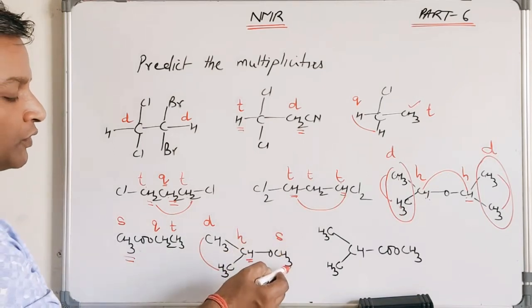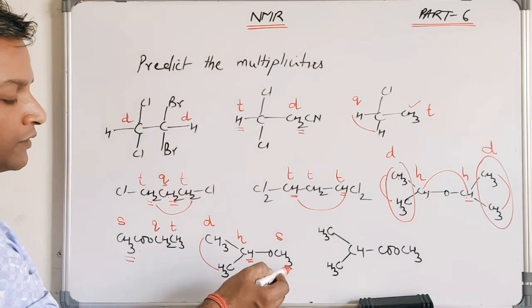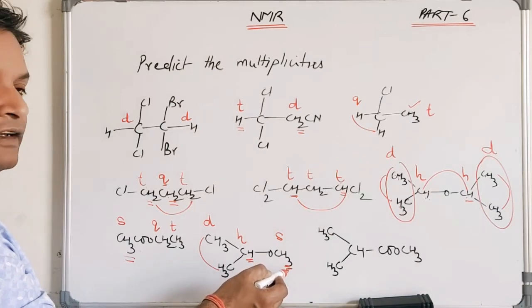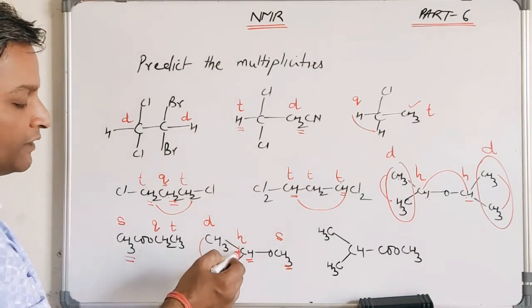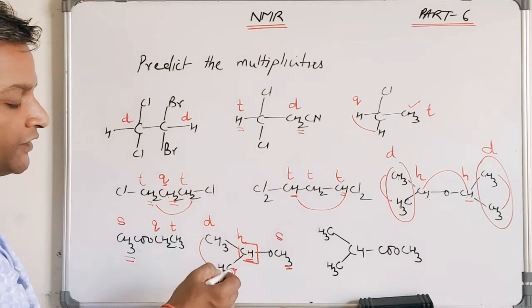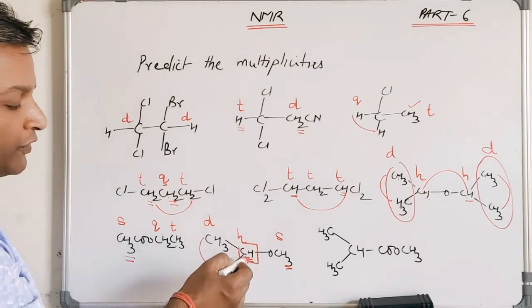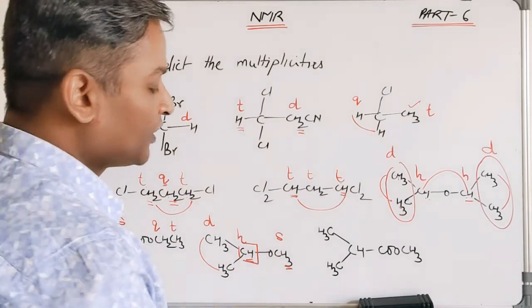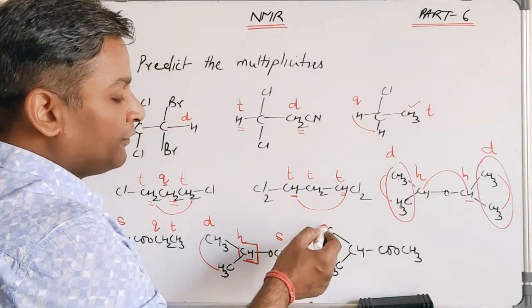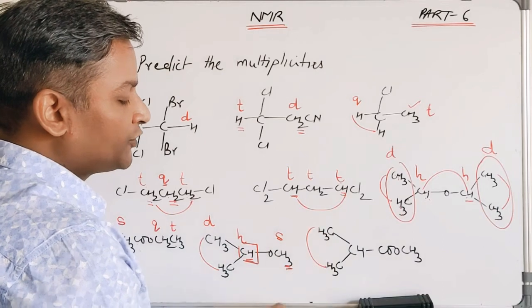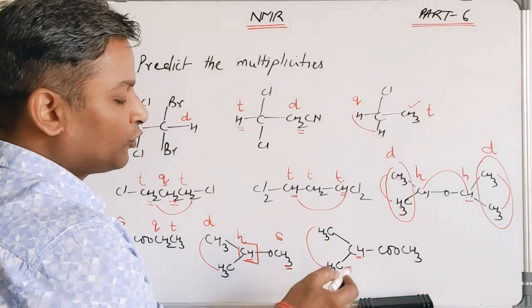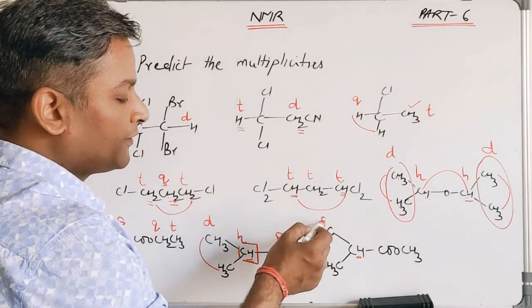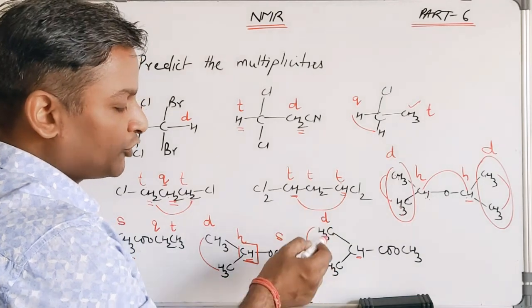The value for this will be slightly lower because it is a primary CH3, and this carbon is attached to oxygen, but it is tertiary in nature, so it will have a slightly higher value than this. We can see here these two CH3 are the same, and the neighbor is only one CH, so we will observe a doublet for 6 protons. So these 6 protons will show a doublet.